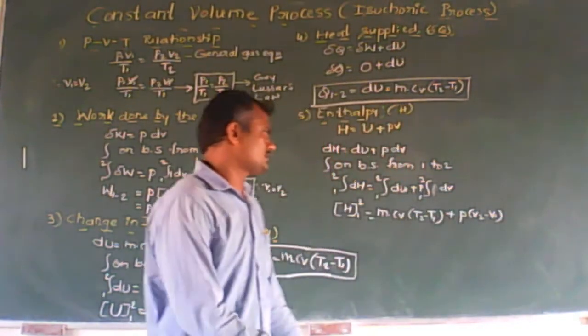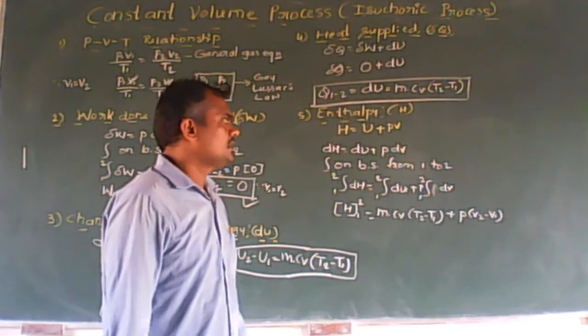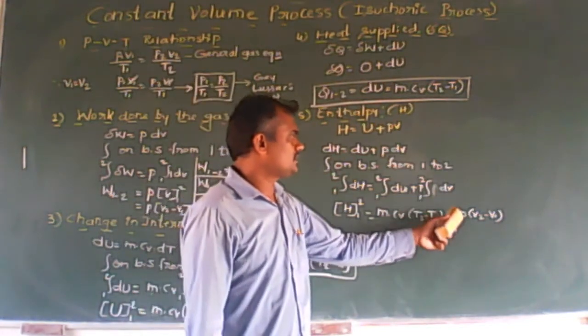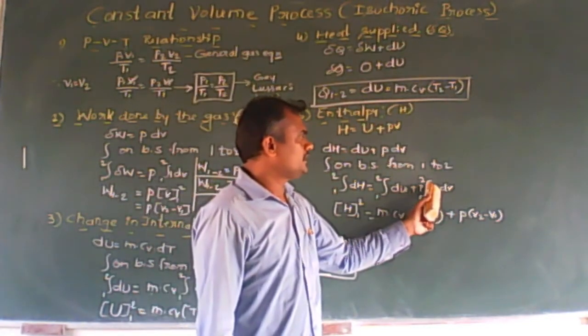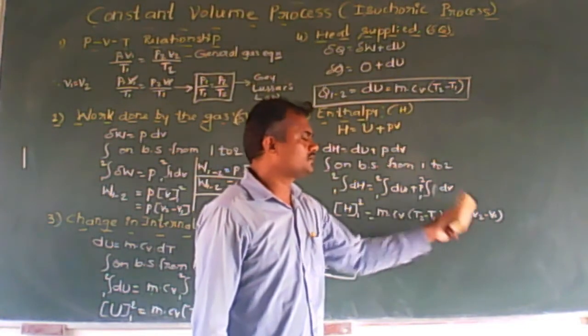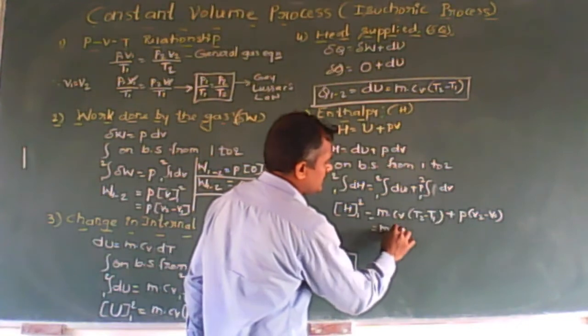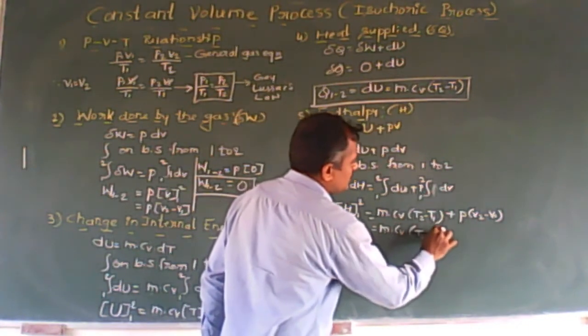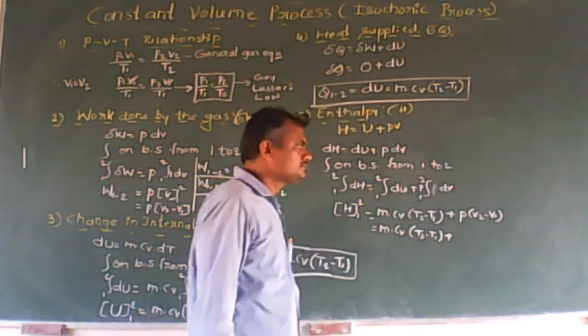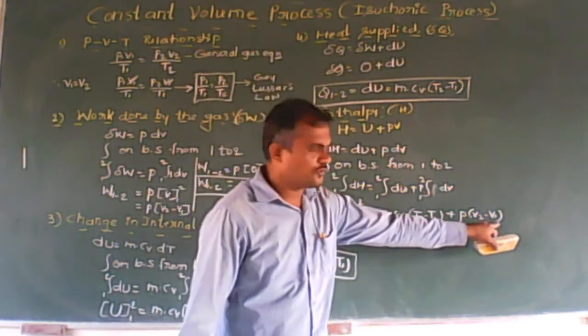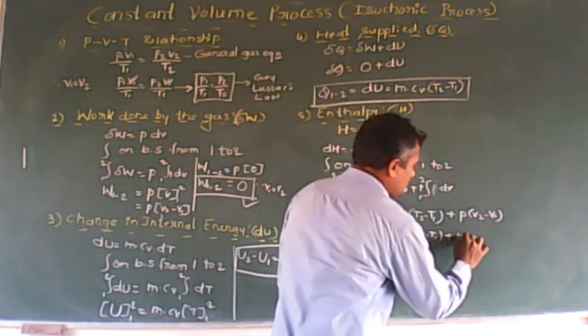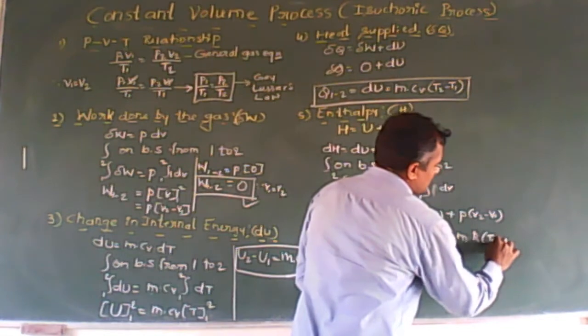So I can write m into Cv into T2 minus T1 plus, instead of P into V2 minus V1, m into R into T2 minus T1.